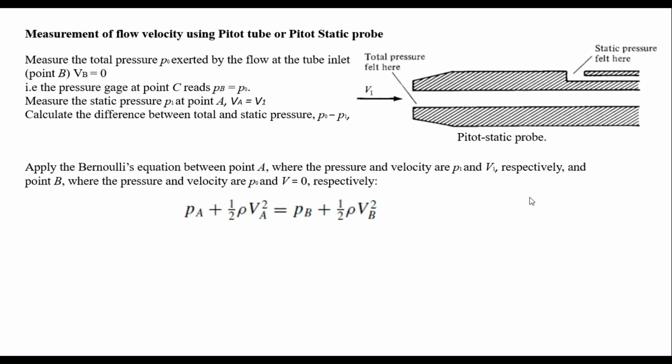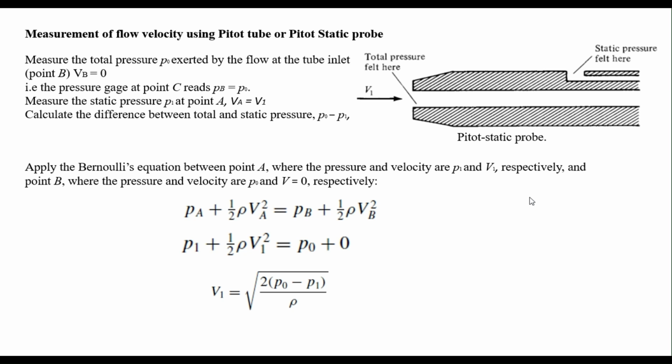Bernoulli's equation is P plus half rho V square is equal to constant. Substituting the values for two different locations, you can yield the equation to calculate the velocity of the flow by calculating the difference between total pressure and the static pressure, and rho is the density of the flow of our air at that particular altitude.